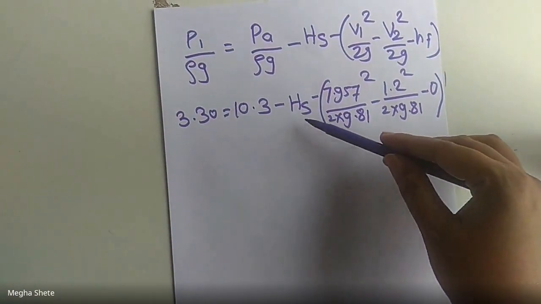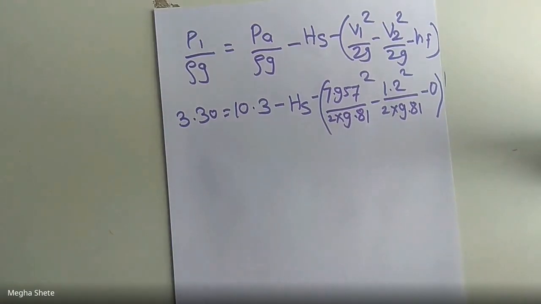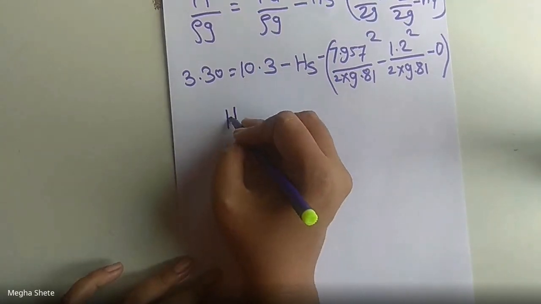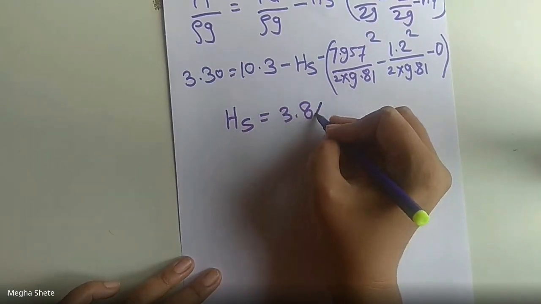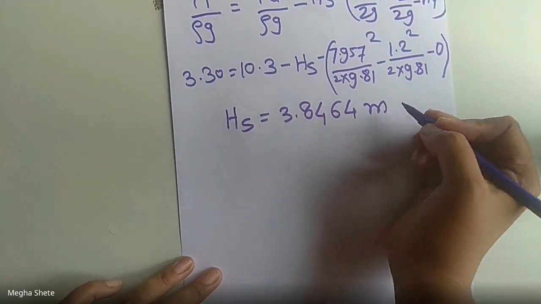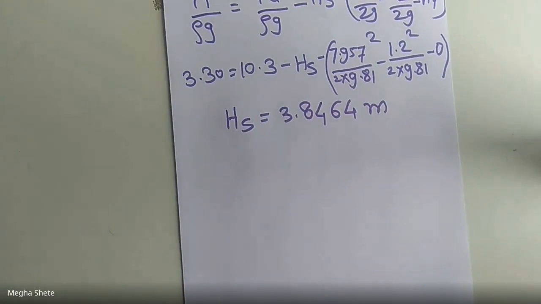Now here the unknown quantity is HS. Please calculate the value of HS. Yes, the value of HS is equal to 3.8464 meter. Now, what do we have to calculate? We have to find the length of the draft tube immersed in the water, and the total length of the tube is given as 5 meter.